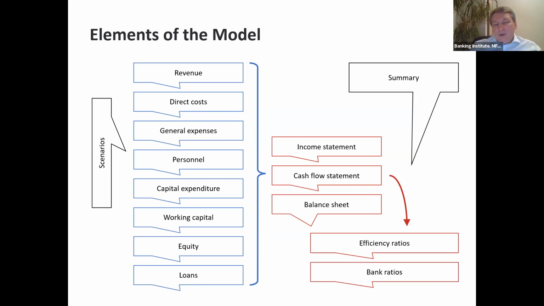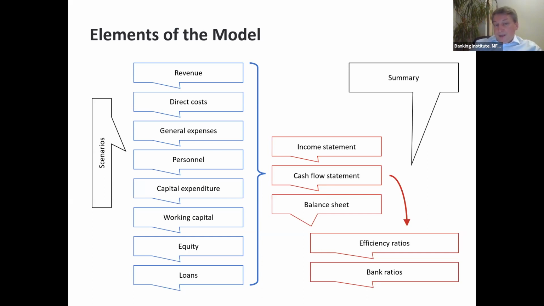Direct costs are directly linked to the sales volume or production volume. And if we change something in the project, we expect that they will update automatically. So we have a separate block for variable expenses, for direct costs.